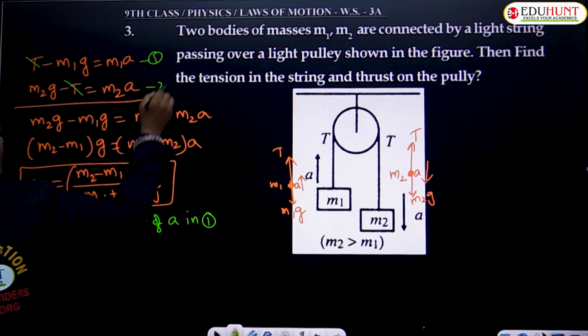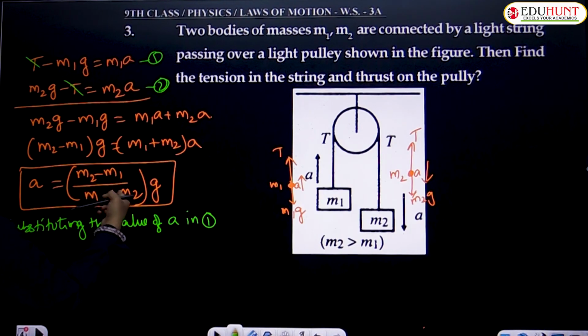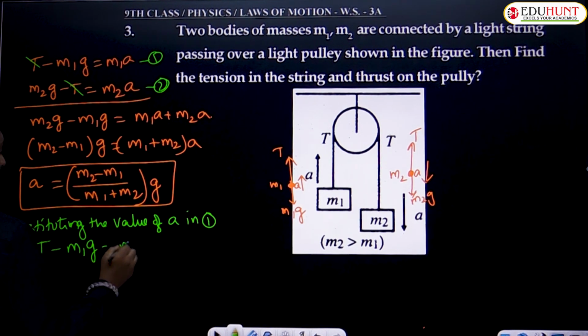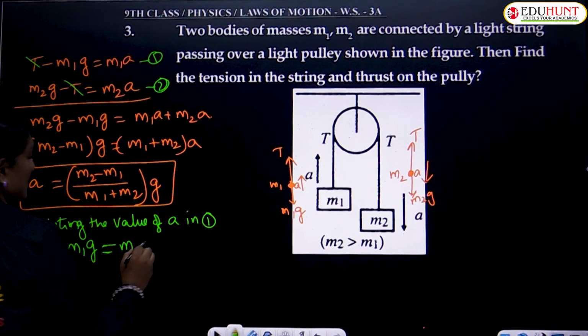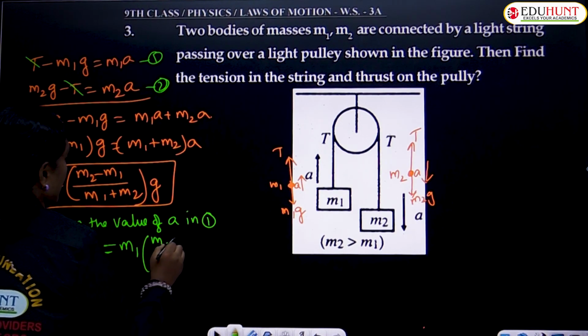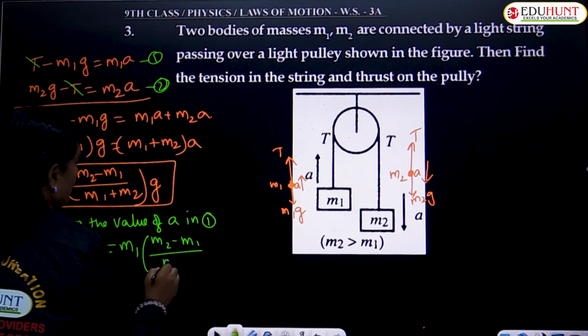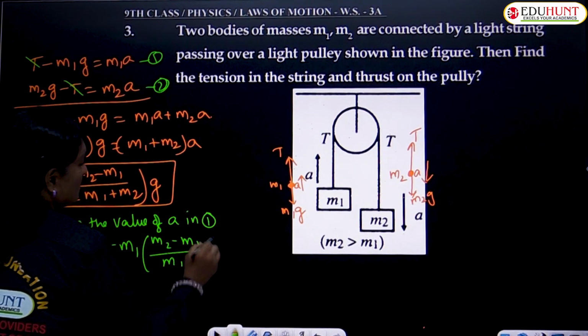Let this be equation 1 and this be equation 2. So T minus M1G equals M1 times A. Instead of A, what should I replace, children? I should replace it with (M2 minus M1) by (M1 plus M2) into G.